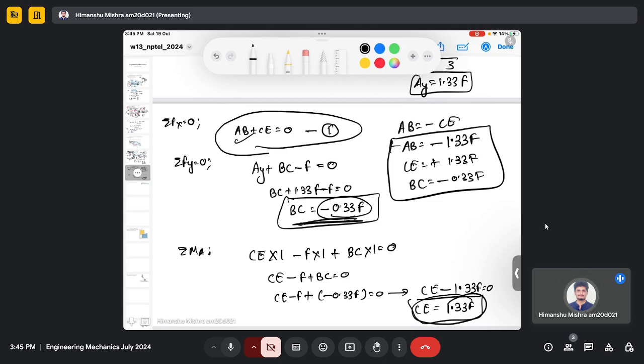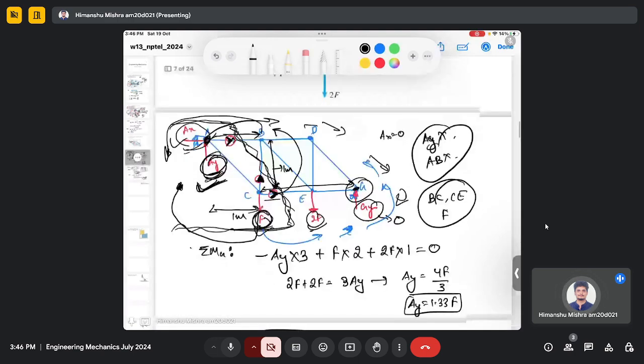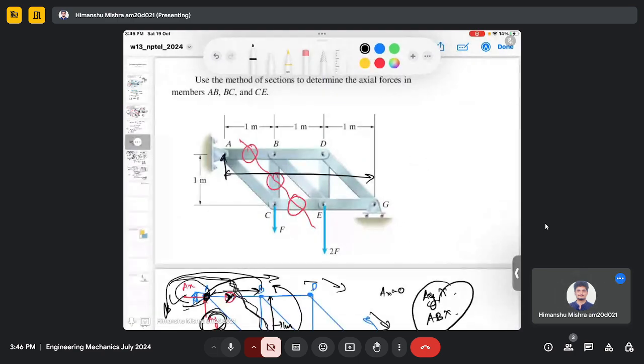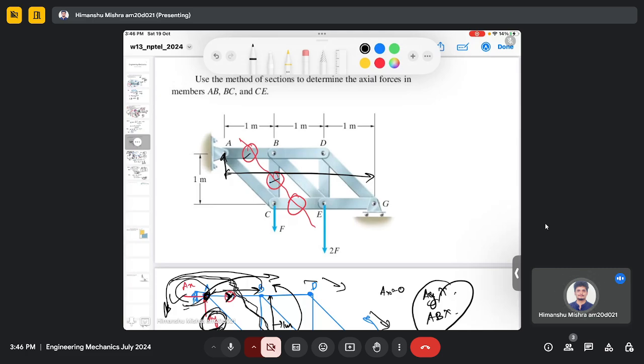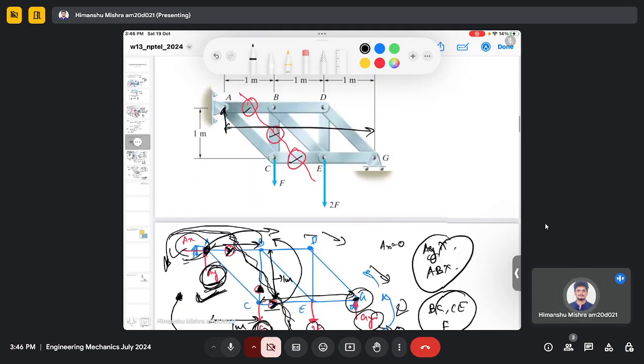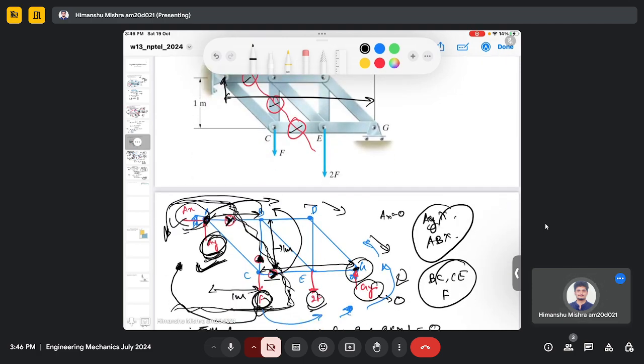So just to recap here, we have given the truss and we need to find the forces along member AB, BC and CE, and here we have used the method of section. So first step is to find the reaction forces, and once you find out the reaction forces, then you can actually use the method of section. You can split across any 3 members.